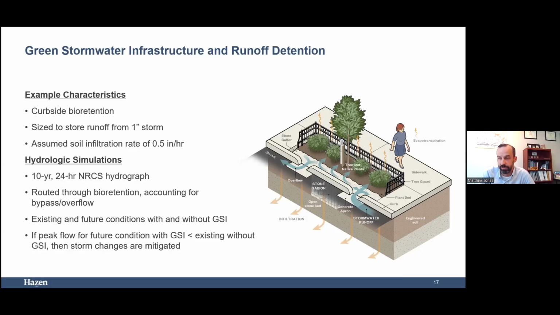We routed that flow through the bioretention, accounting for bypass and overflow, and we looked at existing and future conditions with and without green infrastructure. The question we were asking is, if the peak flow from the future condition with green infrastructure was less than the existing condition without green infrastructure, then that green infrastructure effectively mitigated the projected changes in storm sizes.